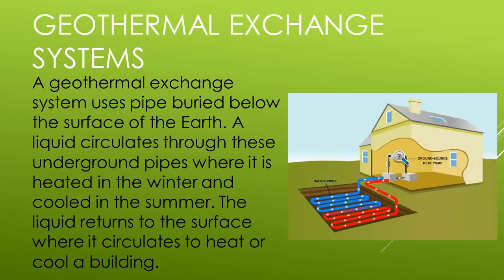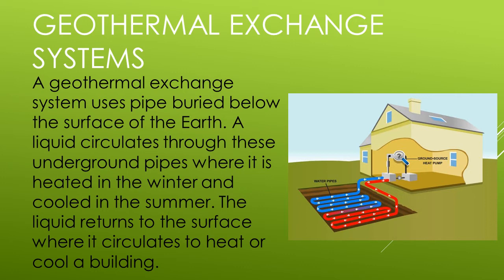So something like this, and this would mimic a winter scenario. We've got those pipes buried below the surface of the earth. In the winter, that cool water, or cool fluid, is piped out of the building down below the ground, and as it moves through the pipes, you see it gets warmer and warmer and warmer.